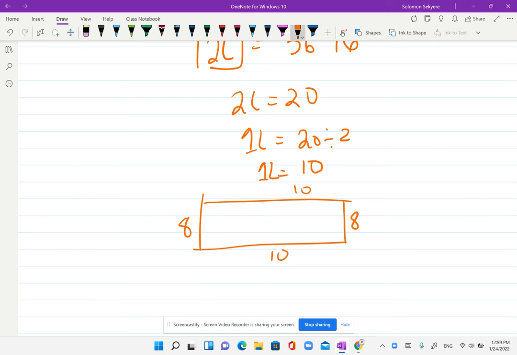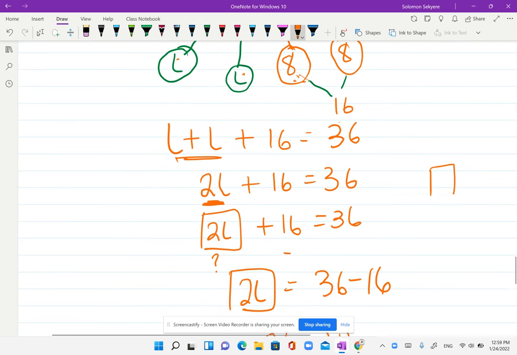See that? Now if I ask you to calculate the area, then you use a formula for area. So that will be what? Second step. Then you can use the length that you found and multiply by the width to get your area.